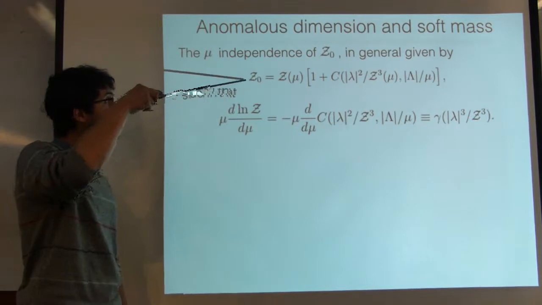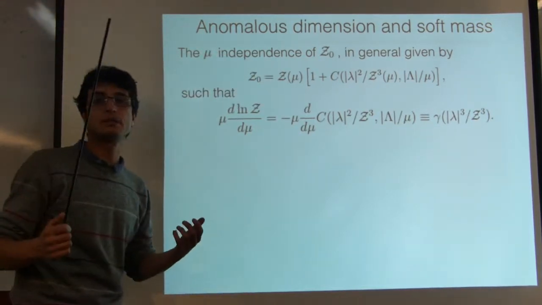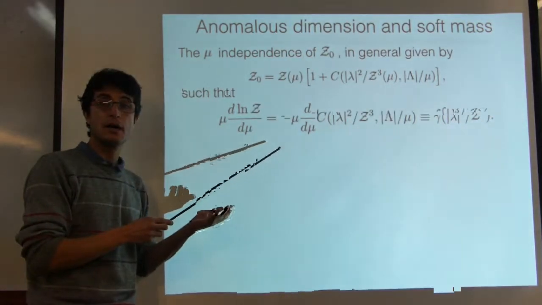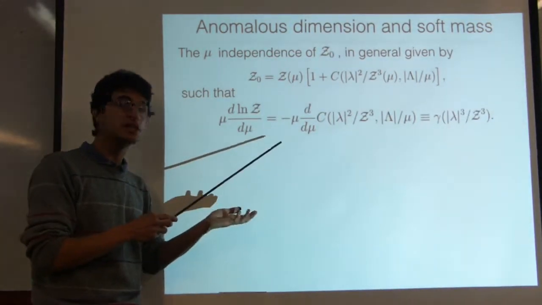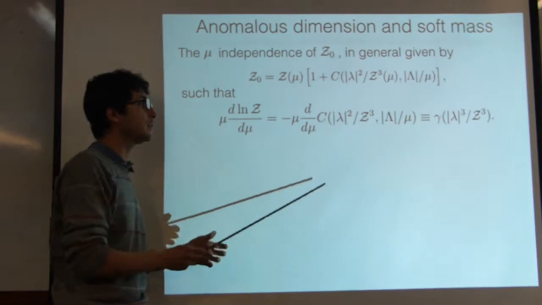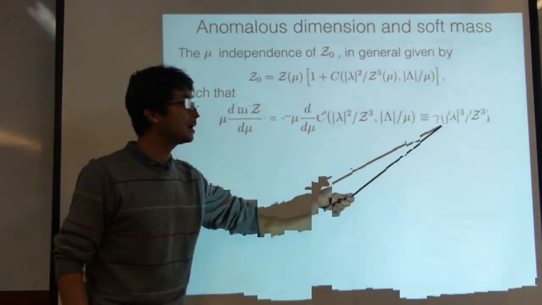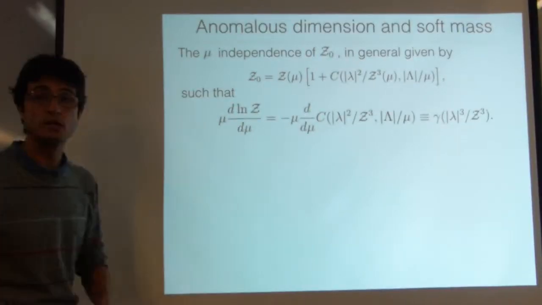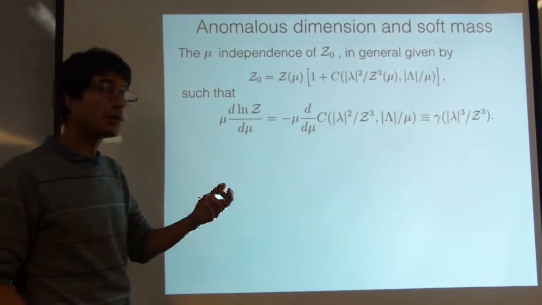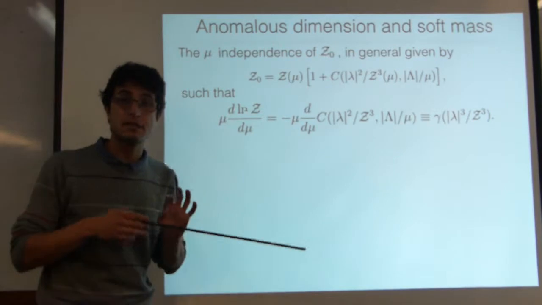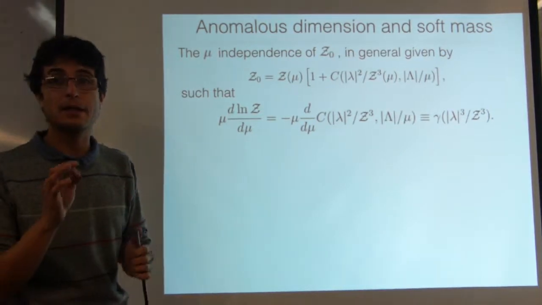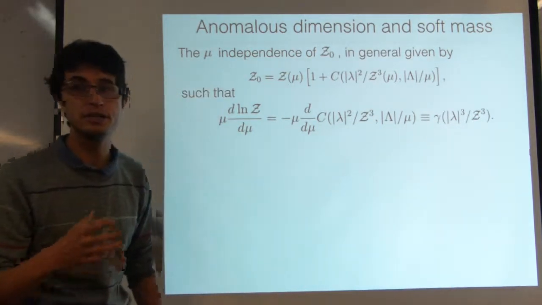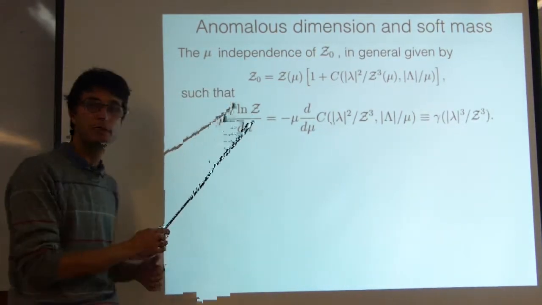So since these guys cannot depend on the scale, it is the bare wave function, you get a RG equation for this Z that has this form, where here I just call this gamma, recalling the anomalous dimension as we called before in the course. Now there's a very subtle difference. This guy in here is not a number, now it's a superfield, because this guy is a superfield as well.